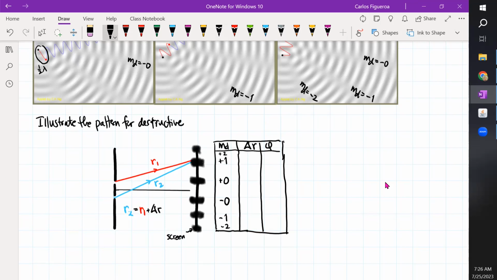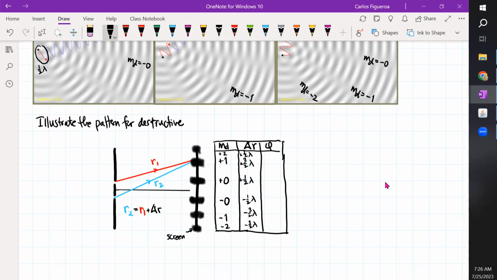So if I look at the path difference, this gives me 1/2 lambda. This is minus 1/2 lambda. This is 3/2 lambda. This is 5/2 lambda. And these are all the positive values. And then here, this will be minus 3/2 lambda, minus 5/2 lambda.